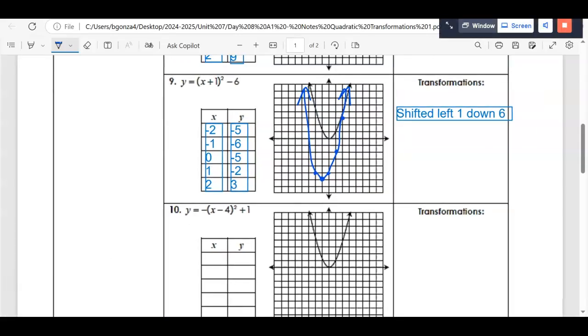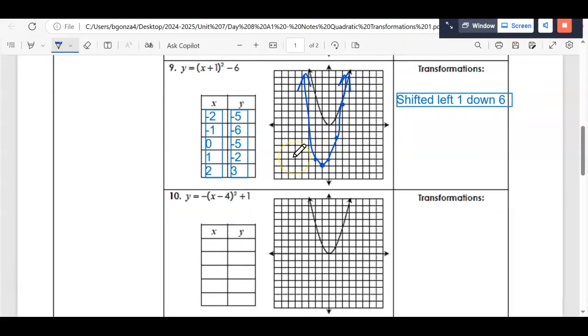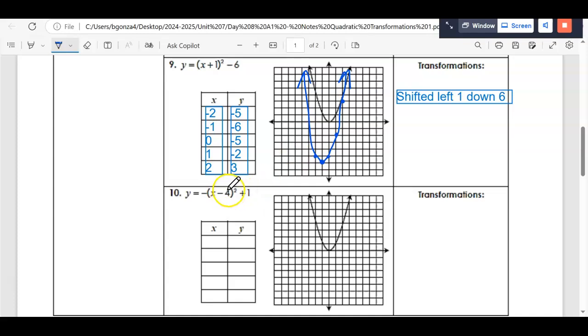Now, number 10. Okay. On number 10, once again, there's a shift and a shift, but y'all see this minus sign in front? What could that minus sign do to my graph, right? So when I think of quadratic, x squared, it kind of looks like this. Look at my face, ready? A big smile, right?